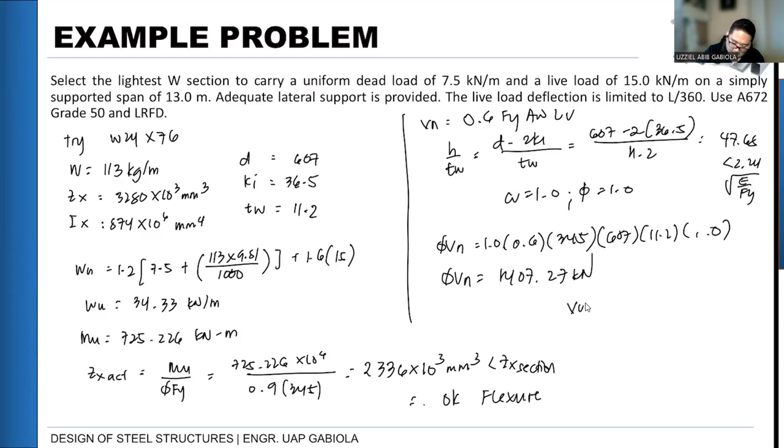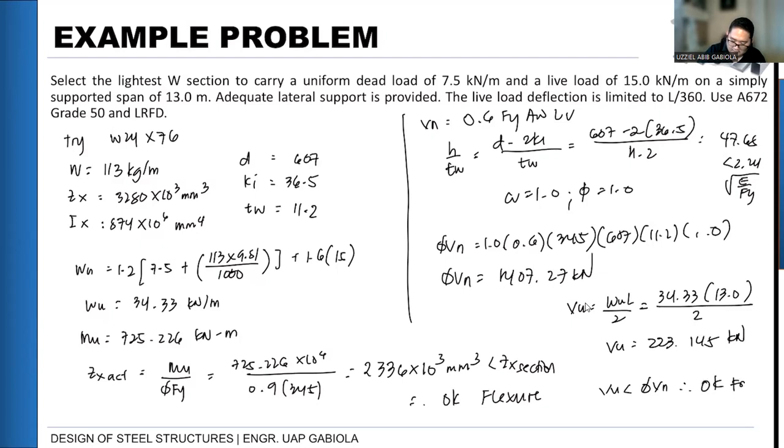And then yung Vu natin is equals to Wu L over 2. That is 34.33 times 13 over 2 is equals to 223.145 kilonewton. Na since Vu is less than sa Vn natin, therefore, okay for shear.